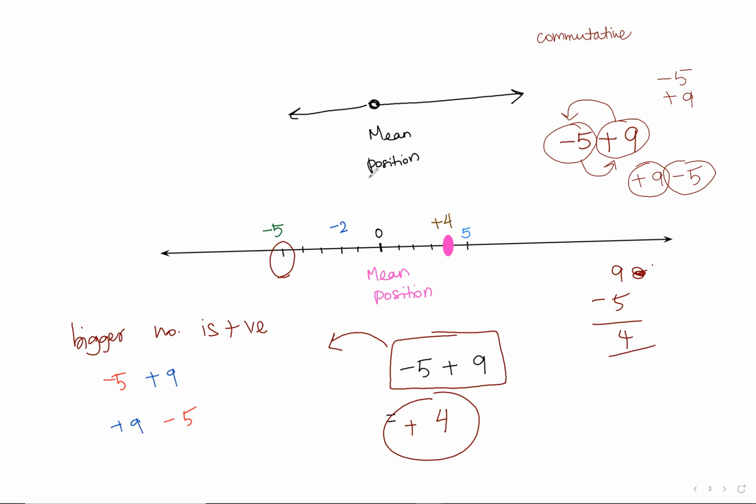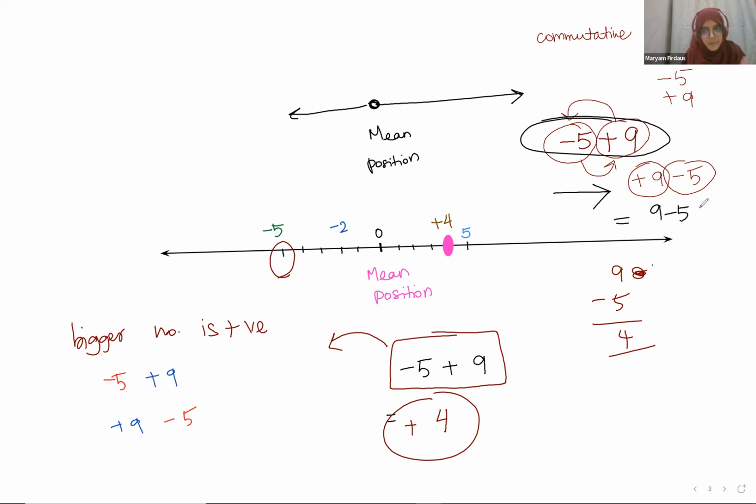It is the same thing. So I have just swapped their positions. Minus 5 plus 9, I have written as 9 minus 5, which is equal to 4. We already know that 9 minus 5 is equal to 4. Is that right? Yeah.